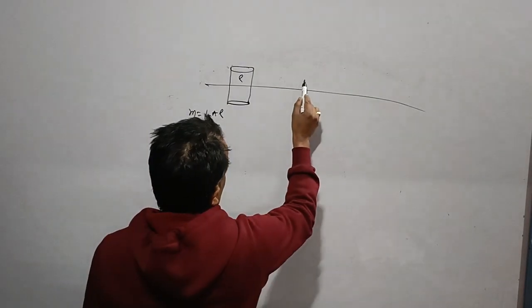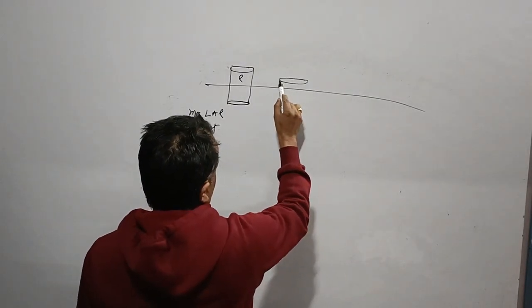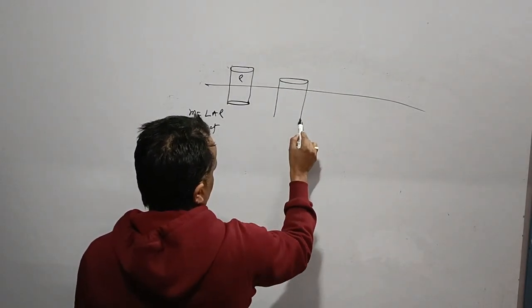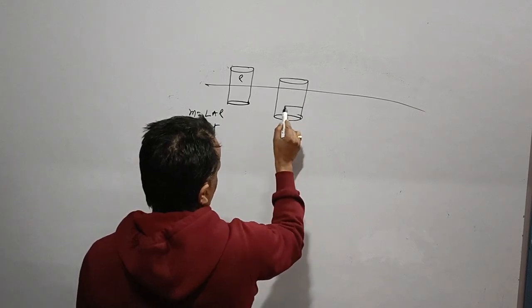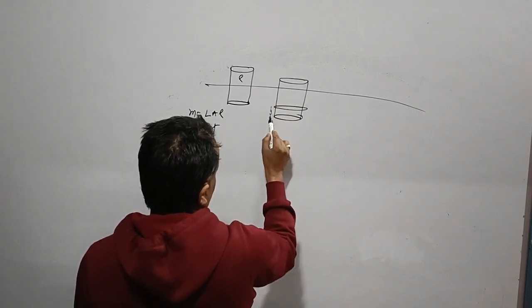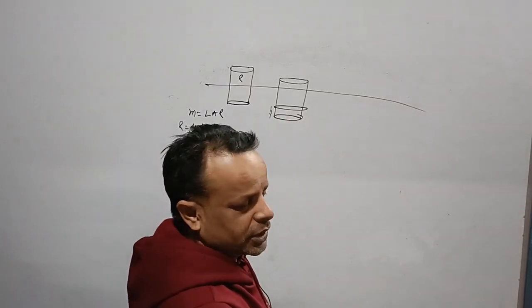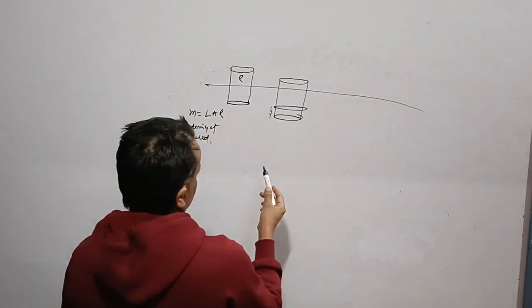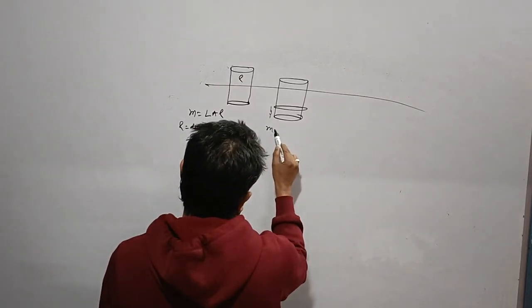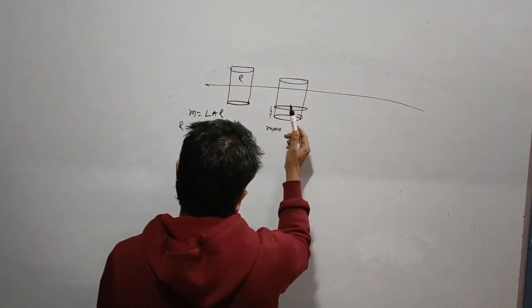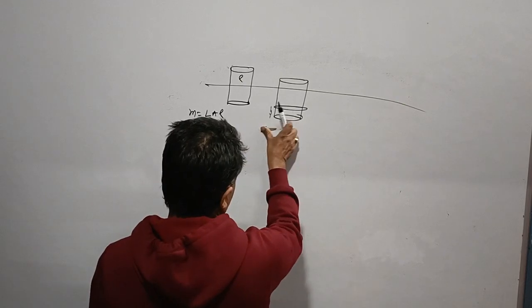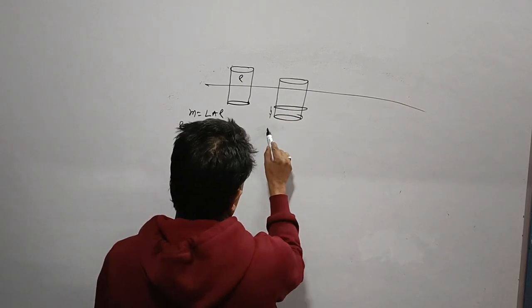Now I am pressing it downward by distance y. This is the distance y. I am pressing it down, and now it has displaced a certain amount of fluid. Then the mass of the fluid is what will cause the restoring force.